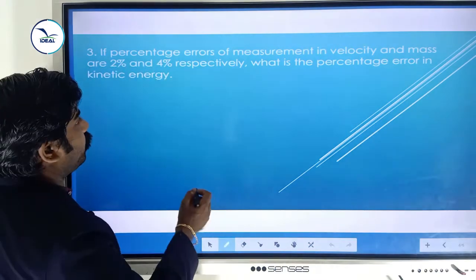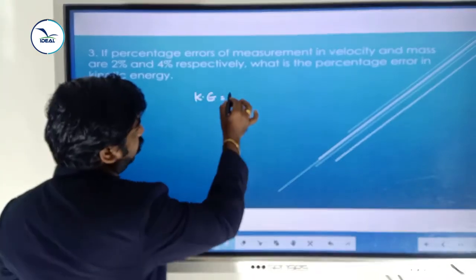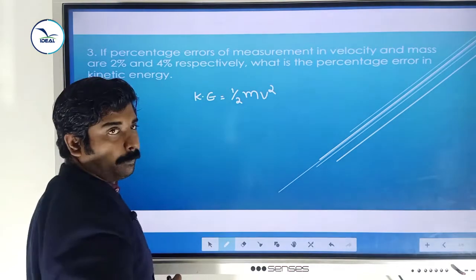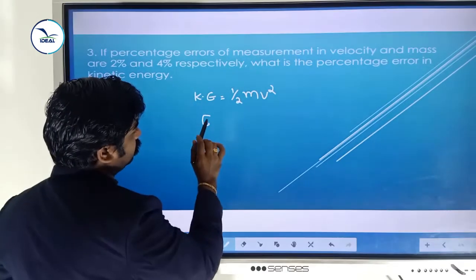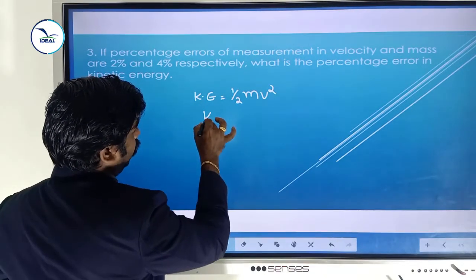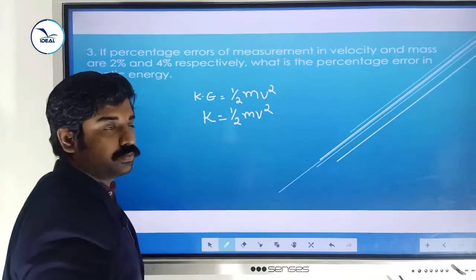We know that the equation for kinetic energy, for easiness I put it as K, is K equals half m v square.